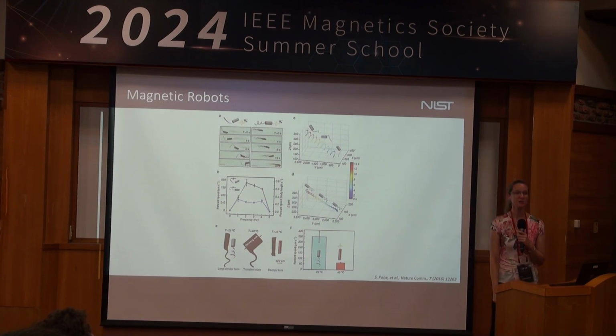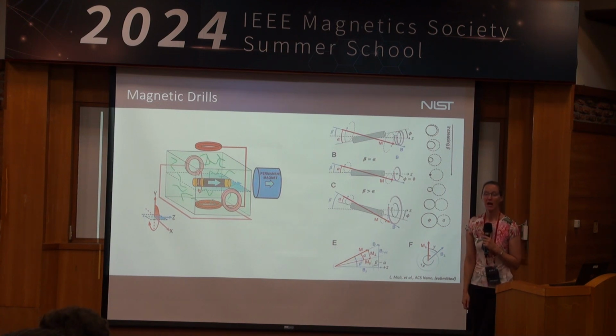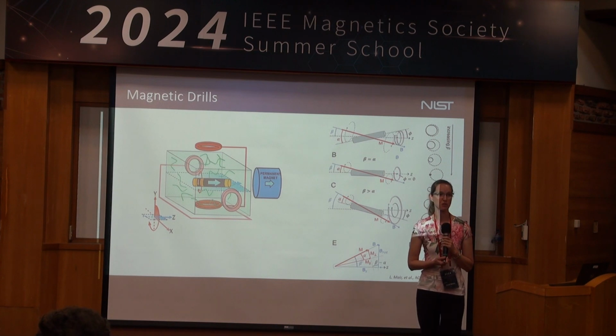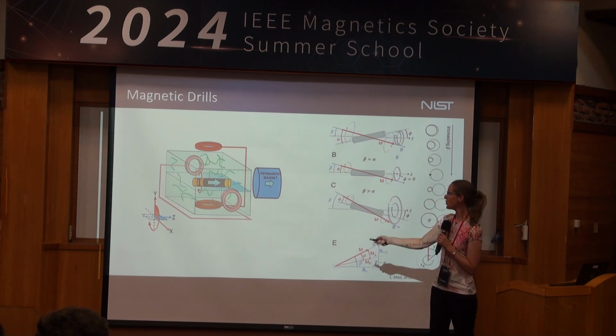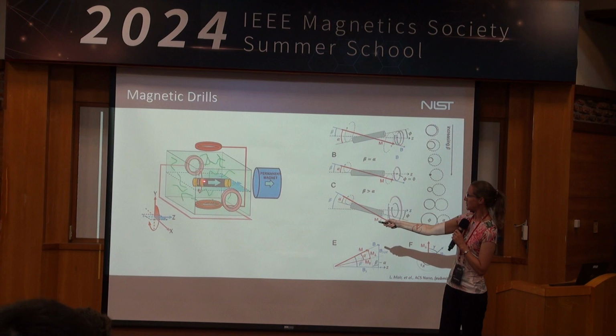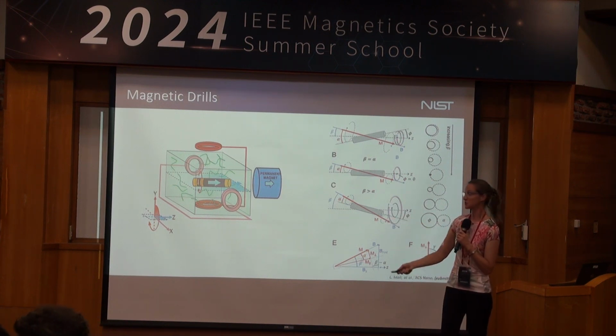But it turns out that there's a simpler way to produce this kind of robot. And that is to use a nanowire. And one of the properties in nanowires is that they have very strong shape anisotropy. And so if you control the length of the magnetic material, so in this case it's nickel, and you have a very long axis, shape anisotropy is going to want to lie parallel to the rod.